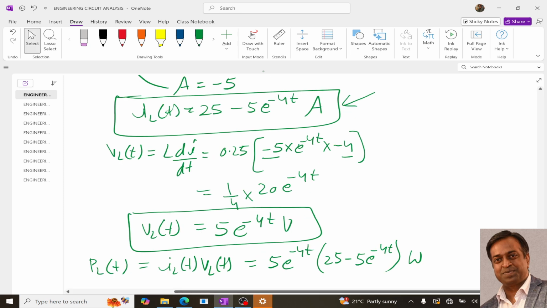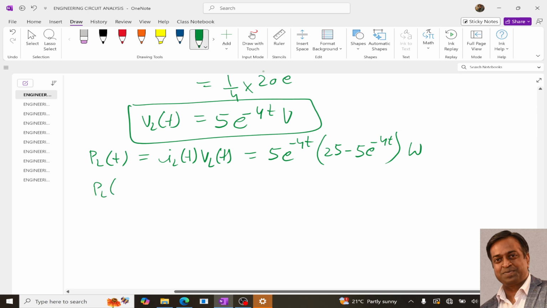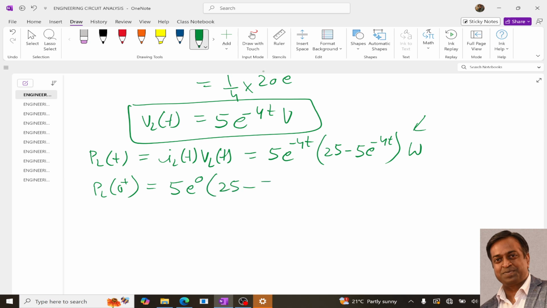From this we can determine the power absorbed at 0 plus. Substituting 0, we get 5 e power 0, 25 minus 5 e power 0. So we get 5 into 25 minus 5, so it is 5 into 20. So it is 100 watt at p(0 plus).